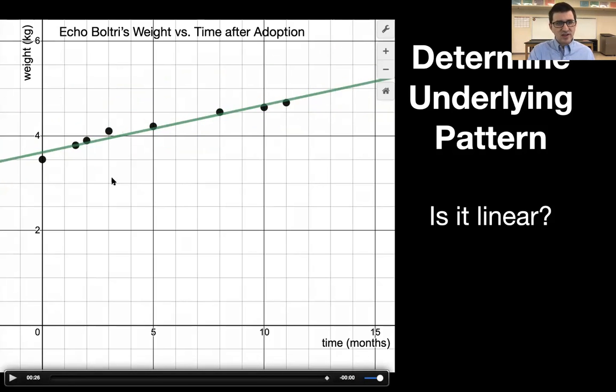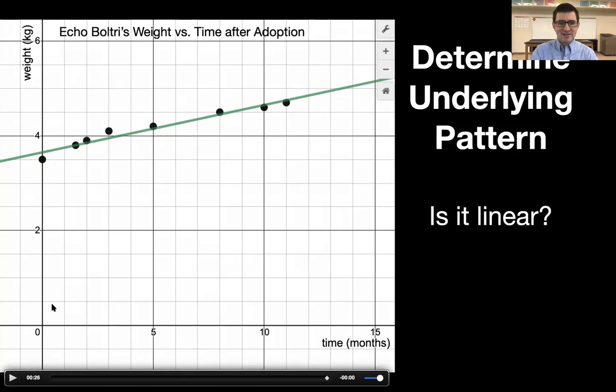So this looks like a pretty good line of best fit because it goes through quite a few of the data points. This one's a little bit below, but this one's quite a bit above. This one is just a tiny bit above, but this one's a tiny bit below too. So there seem to be an equal number of points above the line and below the line. So this, I would say, is a good line of best fit.